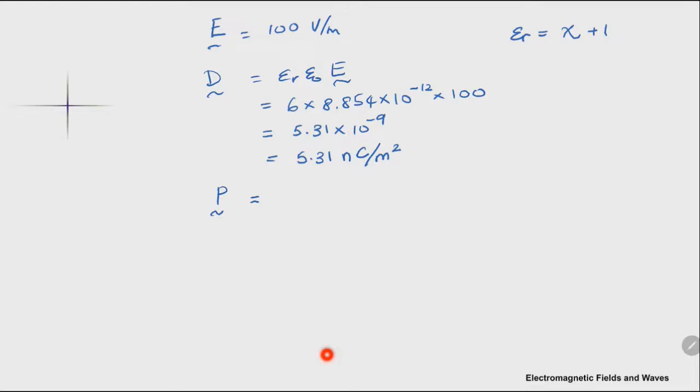So D is equals to epsilon naught E plus P, and this is our polarization.